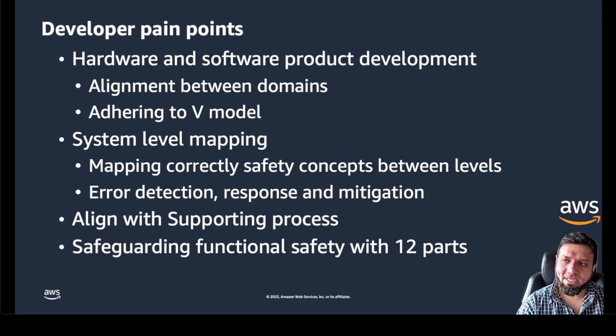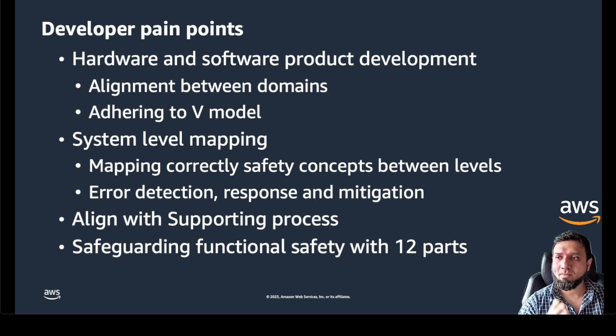You also need to set up guidelines, processes, and individuals who can audit that you have set up error detection, and that you have set up processes for responses and mitigation of those errors. Remember we talked earlier about a hardware detecting an error, then software detecting that error and realizing that it can be resolved by just creating a soft reset.